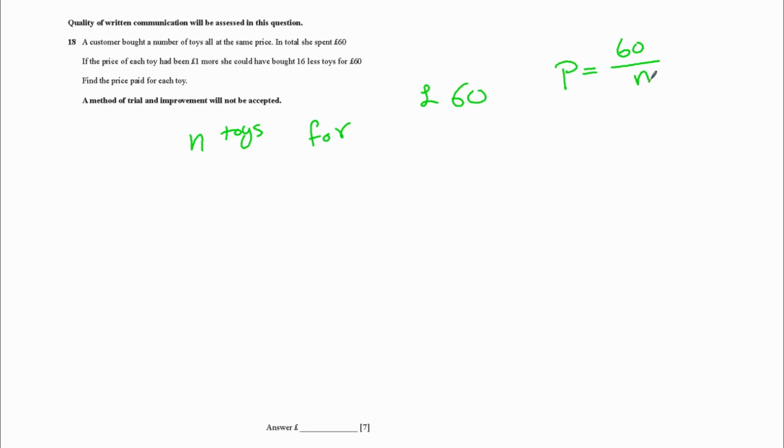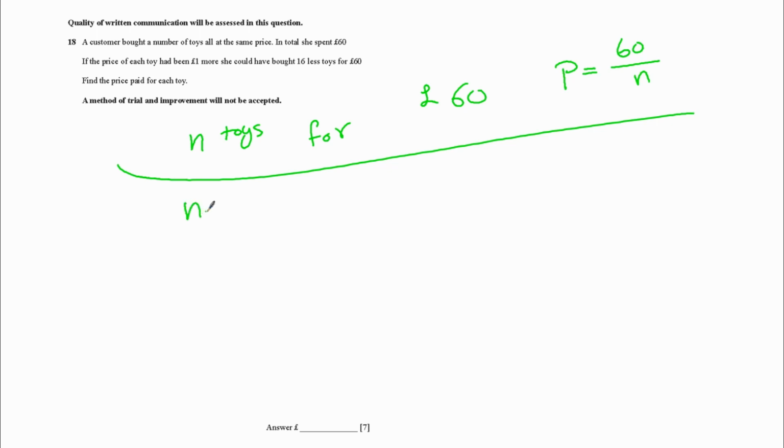In the second instance, it says if the price of each toy had been £1 more. So just imagine that the price is £1 more. She could have bought 16 fewer toys for £60. So the number of toys she could have bought would be n minus 16, and that is still for £60.